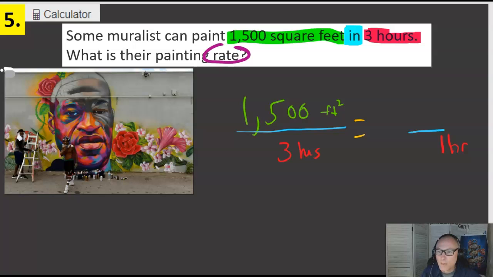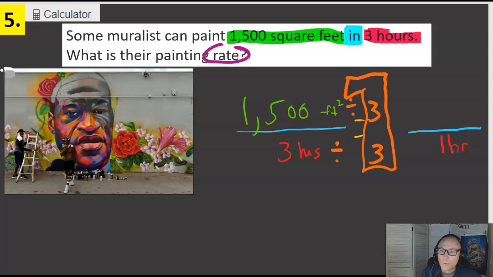How much can they paint in 1 hour? So how do we go from 3 to 1? Divide by 3 on the bottom, divide by 3 on the top. You can use a calculator here, by the way, but I'm not going to. I'm just going to do it like this.